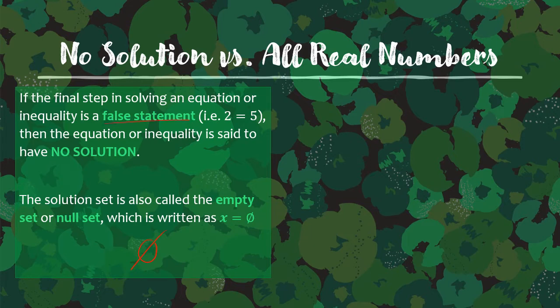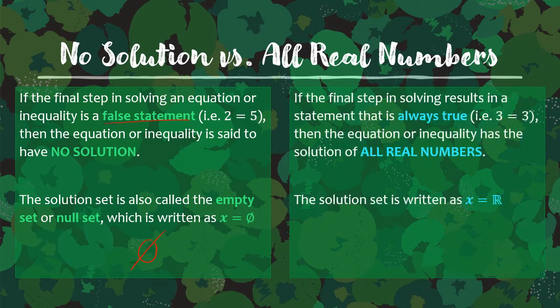So of course the other option, besides solving for x and getting x equal to some number, is to have all real numbers. If we have all real numbers, that means in solving our equation or inequality, we've reached some statement that is actually always true. For example, 3 equals 3, 0 equals 0, x equals x also represents all real numbers.